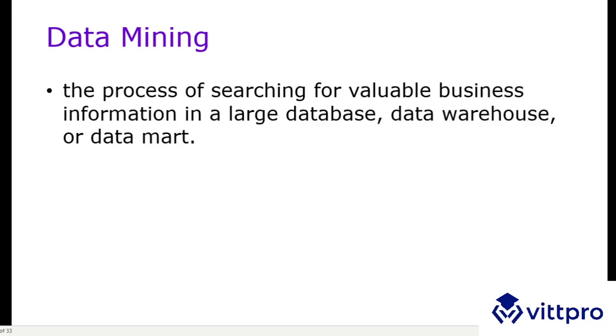Maybe in the US, when the father goes to buy the diapers, they normally buy the beers as well. So this was one of the discoveries from data mining, that these two things are bought together. So the store started placing the diapers near the beer section, so that when somebody comes to buy the diapers, they would buy the beer immediately and easily.